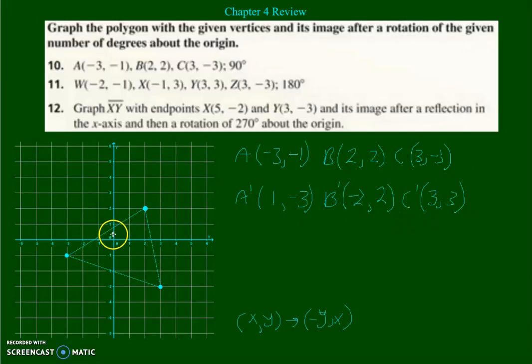So rotating these points, we will get 1, -3. It's -2, 2. And 3, 3. So let's go ahead and connect these points.